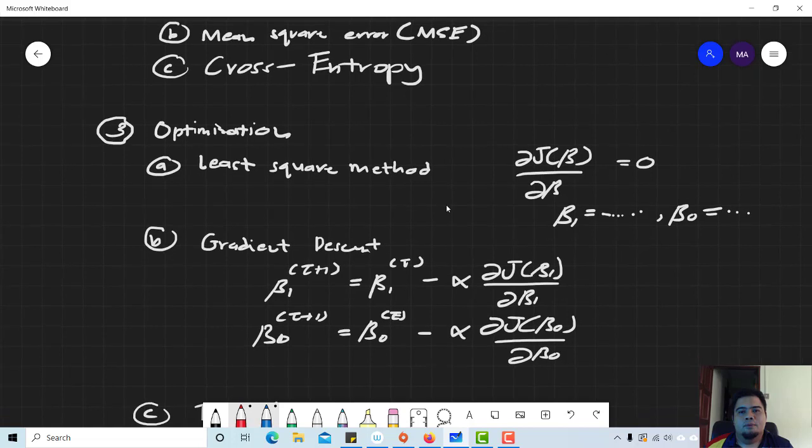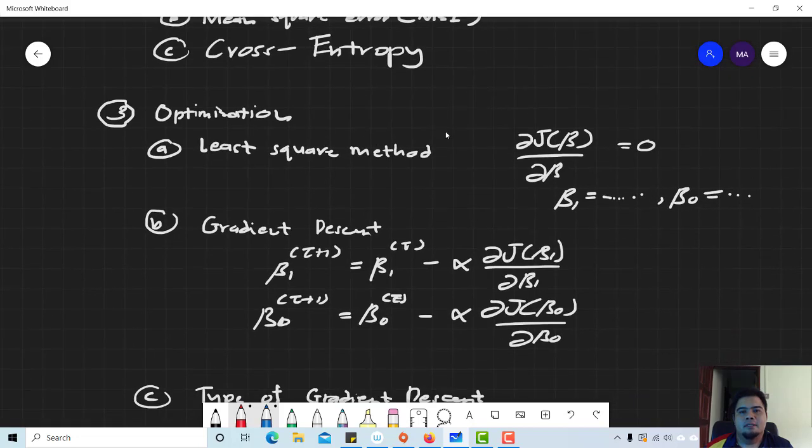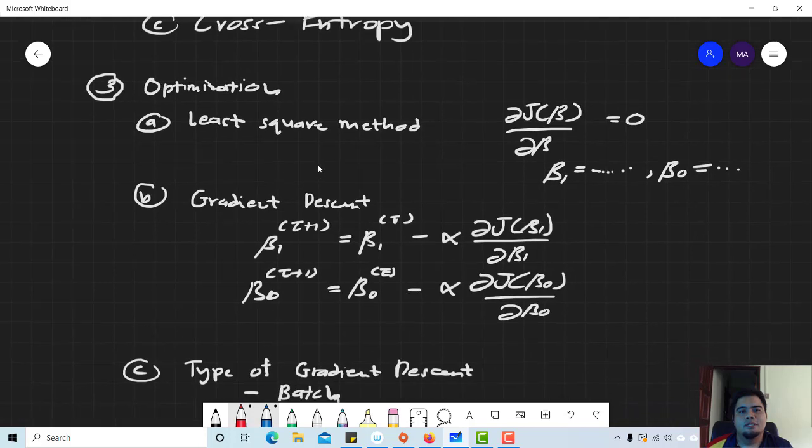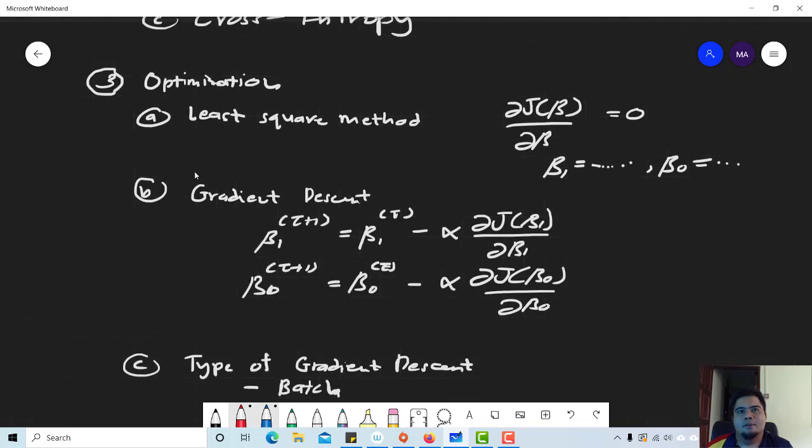So the alternative to find the linear equation that best fits your data is to go through what we call basic optimization, a basic optimization searching approach. One of the basic optimization searching approaches that we learn in this course is gradient descent.